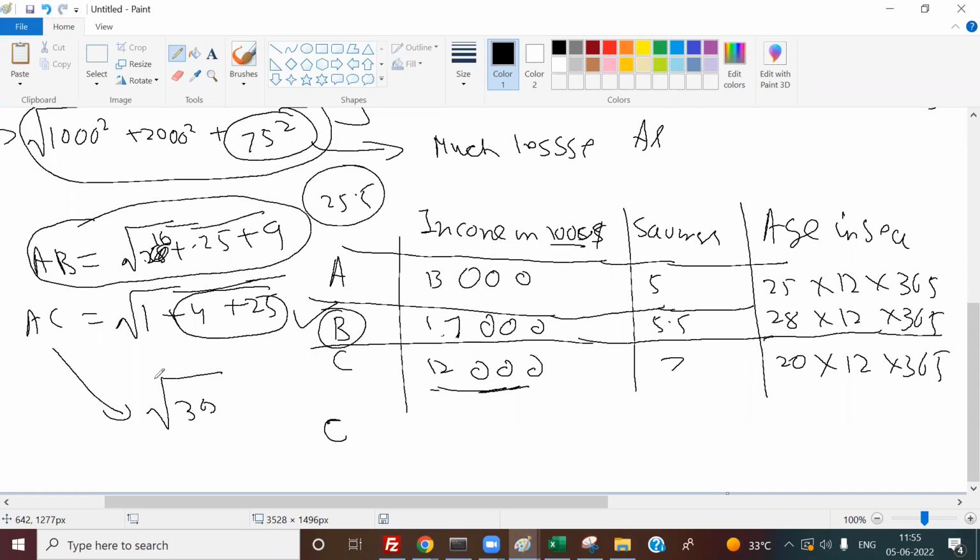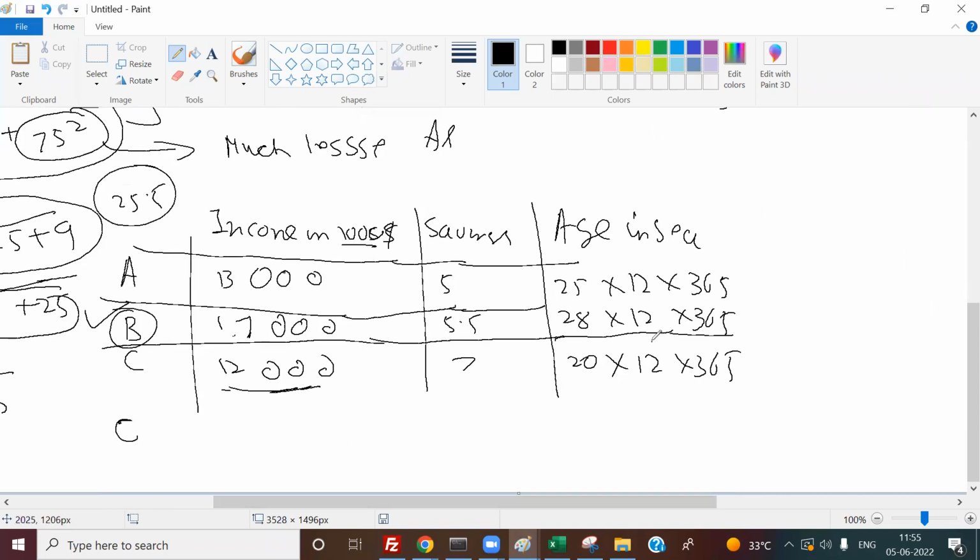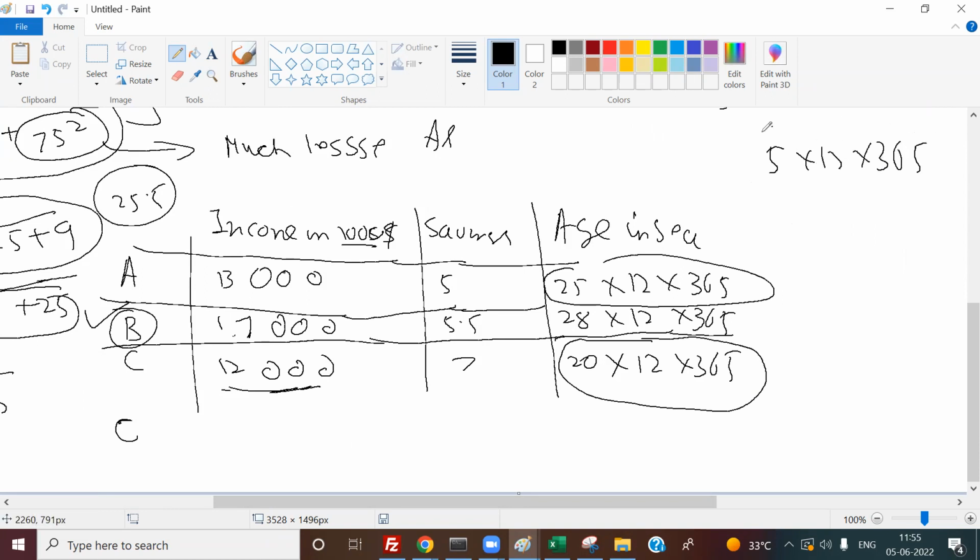Are you getting my point? Because 20 into 12 into 365, when you take a difference from this thing, then the difference would be 25 minus 20 is 5. 5 into 12 into 365. You will take the square of this. And over here when we take the square, it would be 3 into 12 into 365.